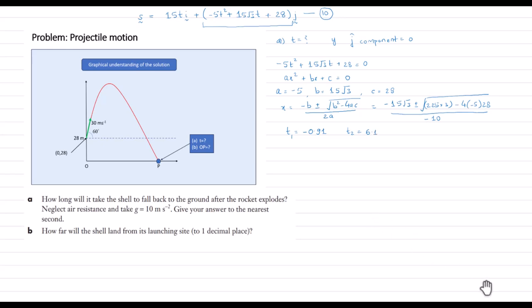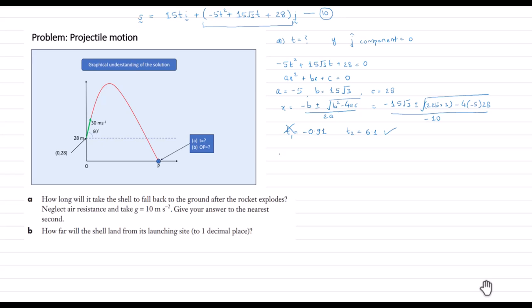Now we know that time cannot be negative, and therefore this value is ruled out and there is only one value for the time. At time t equal to 6.1 seconds, the projectile will hit the ground after it has exploded. So explosion happens at time t equal to 0 and 6.1 seconds later it will hit the ground.